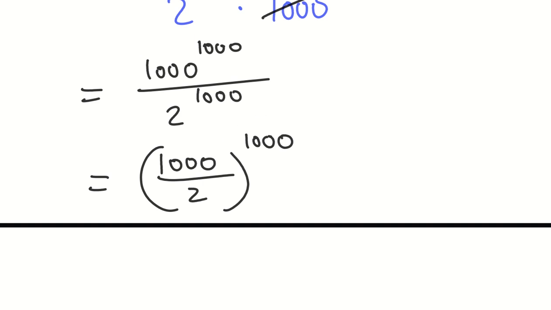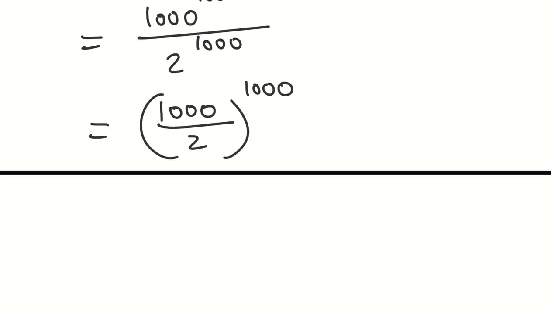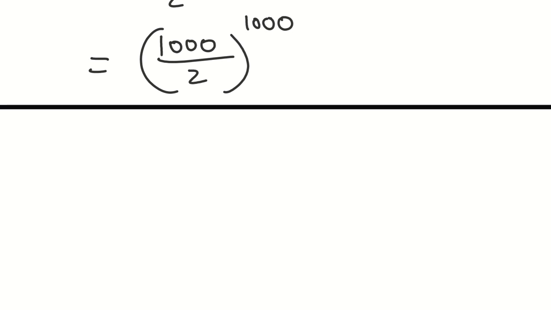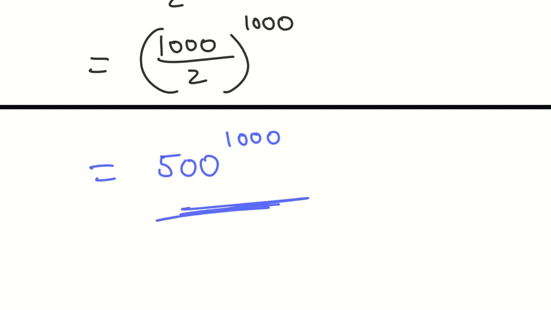I just applied the power of a quotient rule because I want to simplify further. So what we have in the bracket is 1000 over 2. If you divide 1000 by 2, you are going to get 500. So that's 500 all to the power of 1000. And people, this is going to be the final result when we simplify the original fraction.